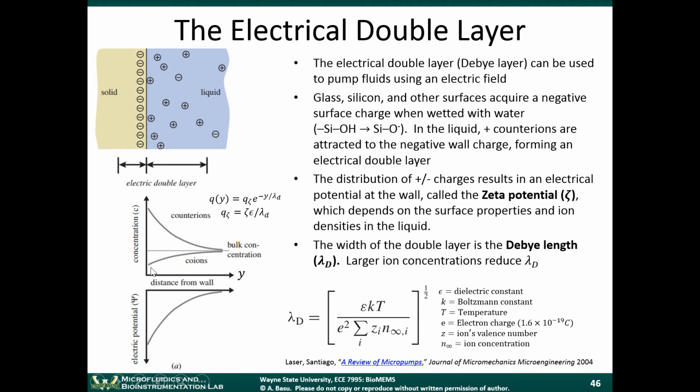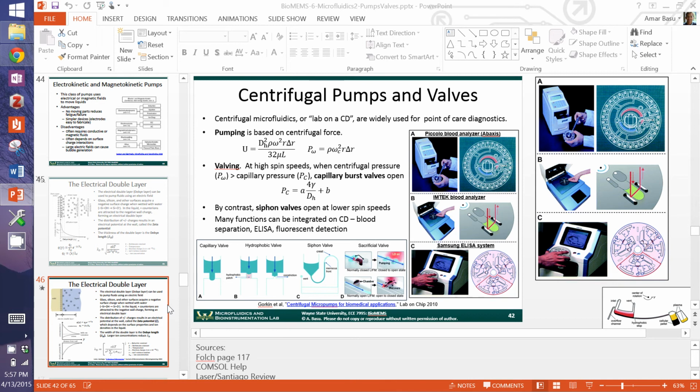So you have more of these plus charges than you do the negative charges. Whenever you have a whole bunch of positive charges that are aggregated together, you get an electric field, and you get an electrical potential. I'm sure you remember this from physics.